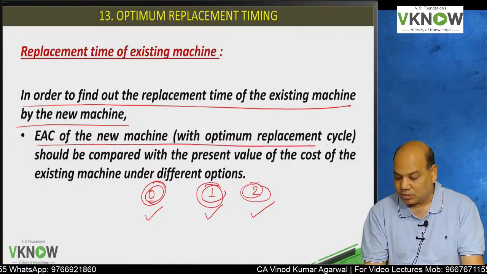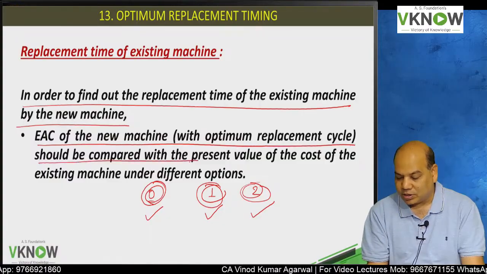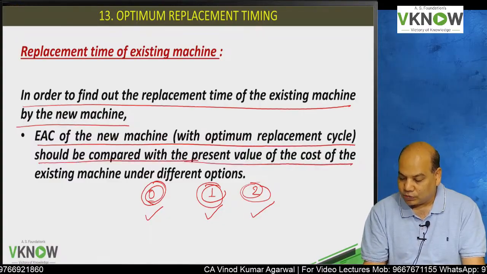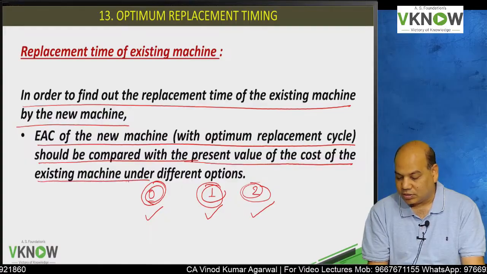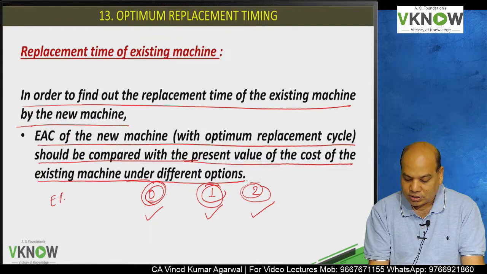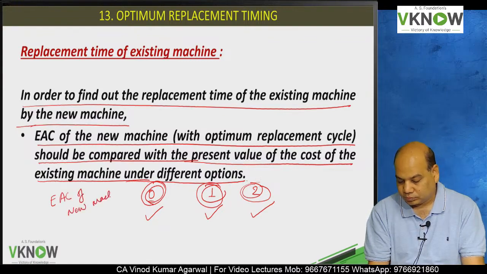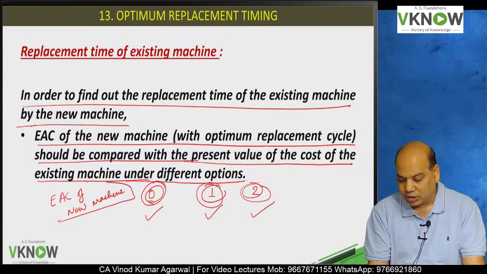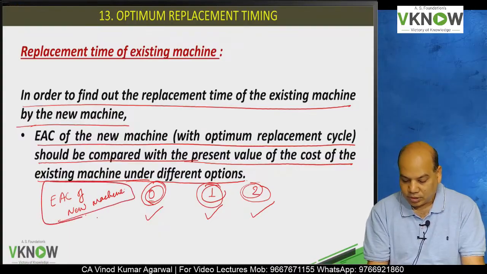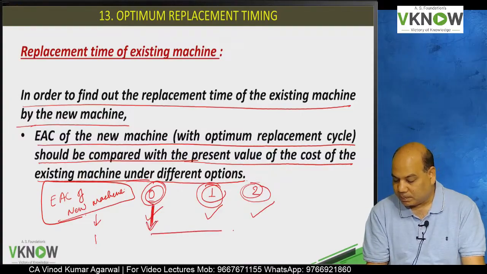EAC of the new machine with optimum replacement cycle should be compared with the present value of the cost of the existing machine under different options. So we will compute the EAC of the new machine, and then we will compare with, if I replace here, what will be my present value?